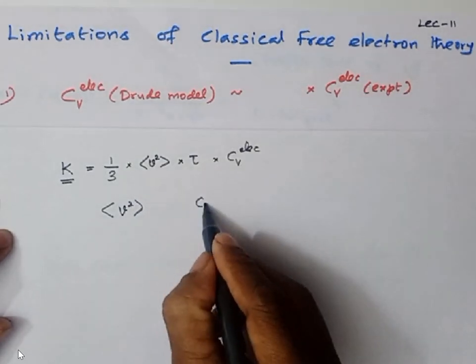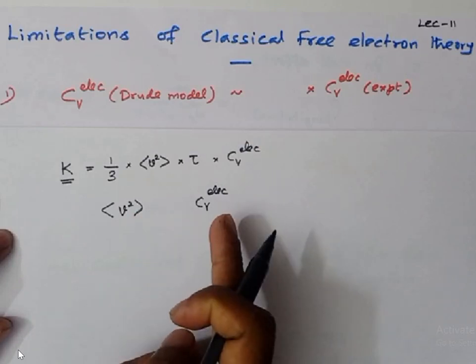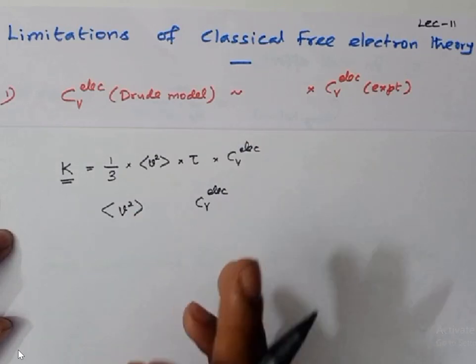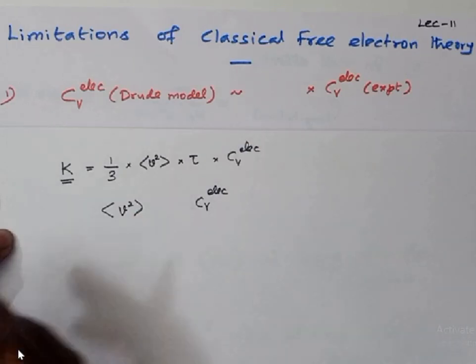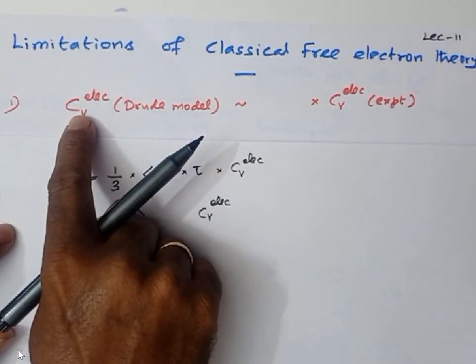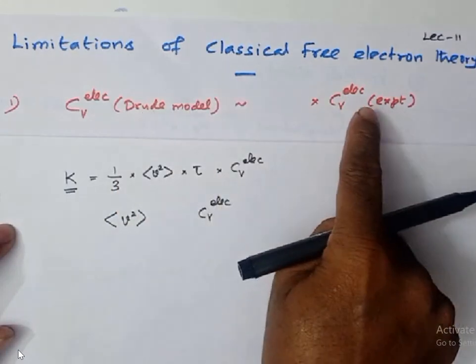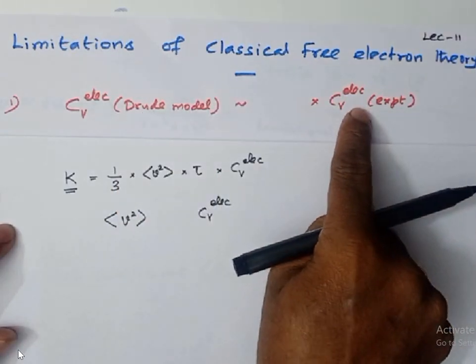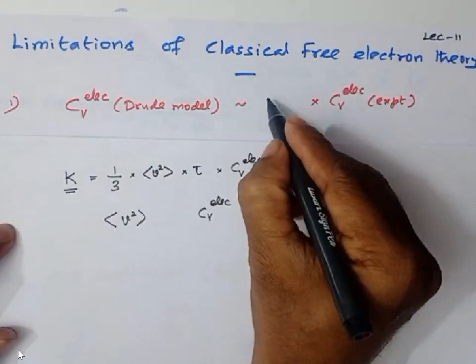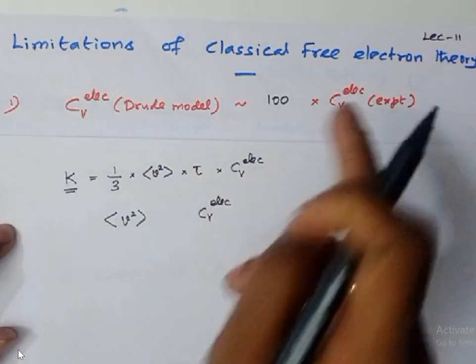But when people calculated the average mean square velocity and the electronic contribution to heat capacity, these values do not agree with the experimental value. For example, the electronic contribution to heat capacity calculated from the Drude model is almost 100 times greater than the experimental value.